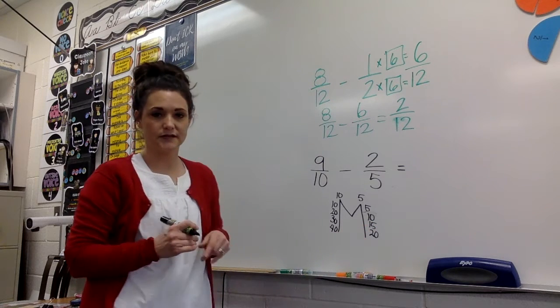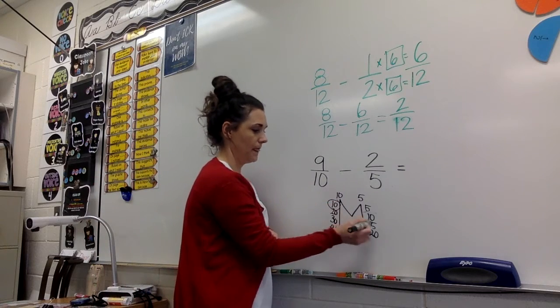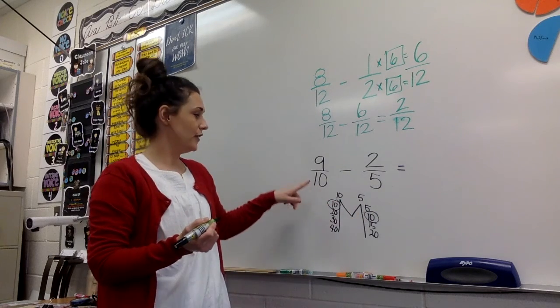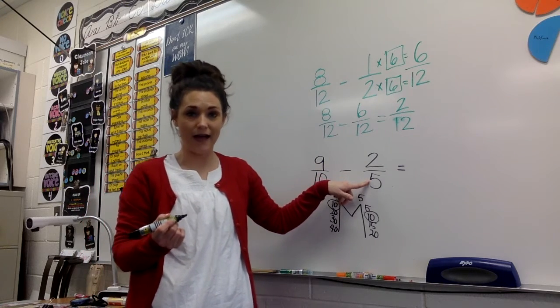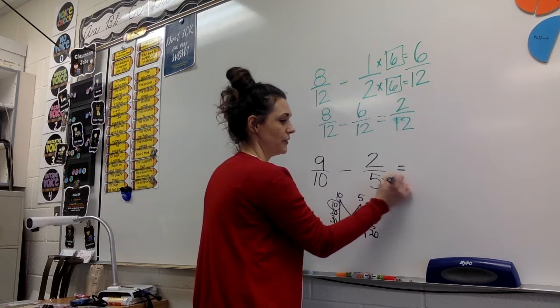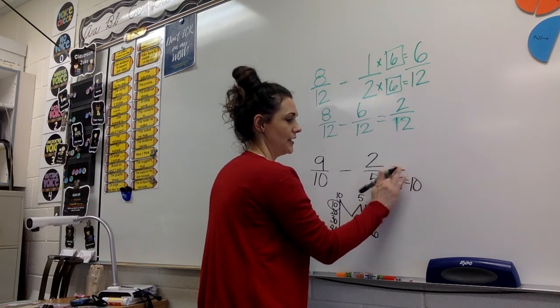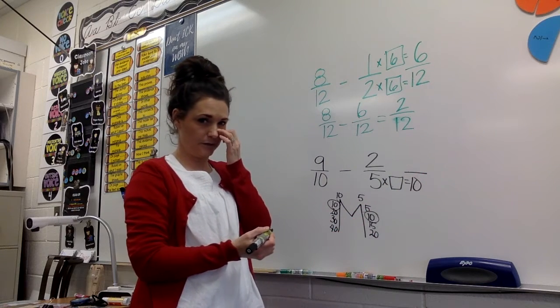Okay, so which ones do I have in common? Oh, wait, hang on. I've got 10 and 10. So I know that I can keep my 10 here and I can just change my 5 to a 10. So now I have to think, 5 times something equals 10, so that my denominator is 10.